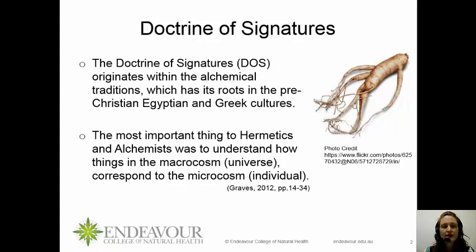And the doctrine of signatures is really looking for the predominant characteristics of a plant. So their appearance, their colour, the shape, the growing habits, not necessarily always of plants, but we're applying it to plants.